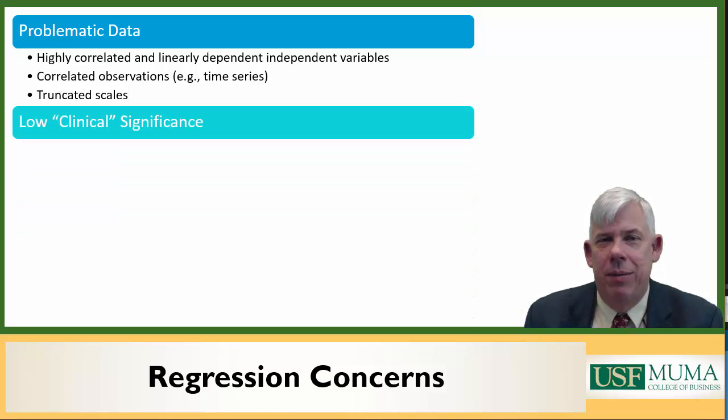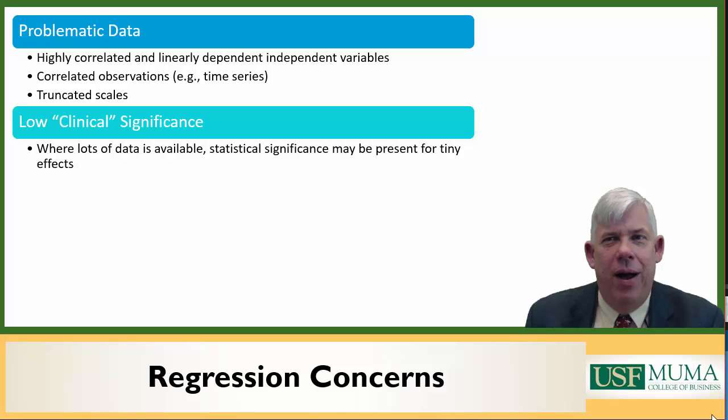Another problem that we sometimes run into is low clinical significance. If you get enough variables, you can often get very nice p-values, less than 0.01, for very tiny effects. And a lot of times those effects will be so small that from a practice point of view, it would not be worth trying to achieve them.